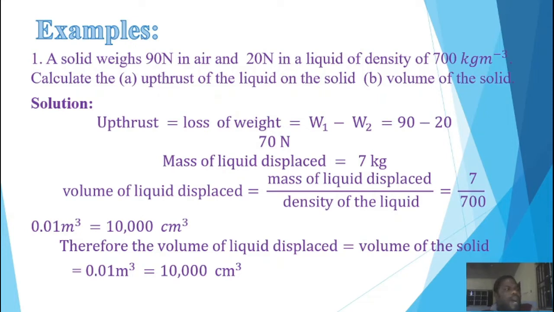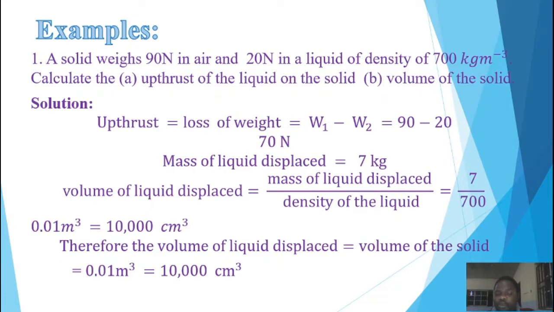Okay, now we look at the volume of liquid displaced. The volume of liquid displaced will be equal to the mass of liquid displaced divided by the density of the liquid, which is 7 divided by 700, which we get to be 0.01 meter cube. That is the same thing as 10,000 centimeter cube.